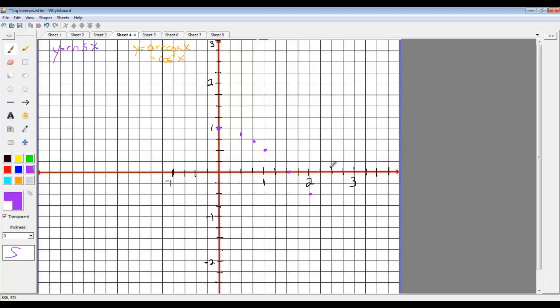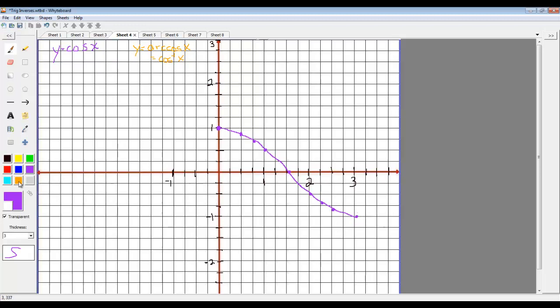Around 2.36, we have -0.71. Around 2.62, we have -0.87. Around 3.14, or pi, we have -1. Alright, so the actual cosine under the restricted space from 0 to pi looks like this.